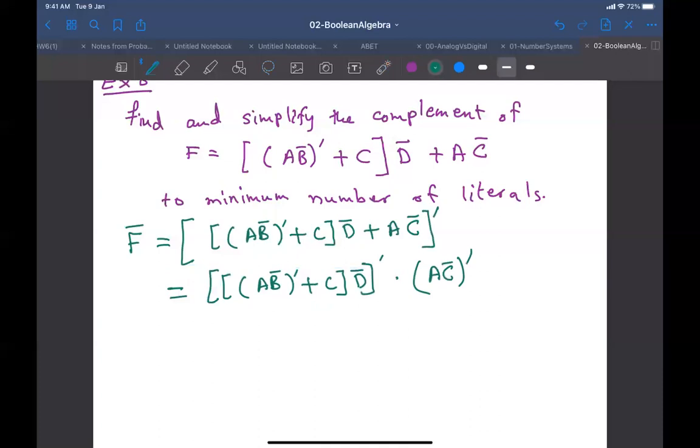Everybody is following? Okay. Now again, this is by De Morgan. Again, you'll use De Morgan's so many times until things stabilize.